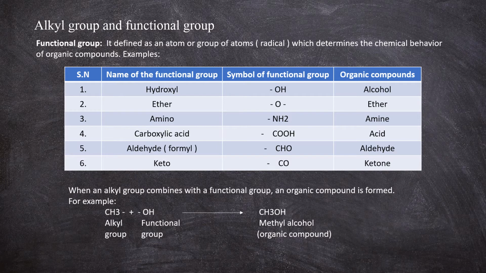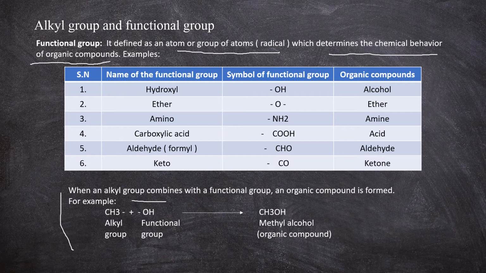The functional group is defined as an atom or group of atoms (radical) which determines the chemical behavior of organic compounds. Alcohol, ether, amine, acid, aldehyde, and ketone are some examples. When an alkyl group combines with a functional group, an organic compound is formed.